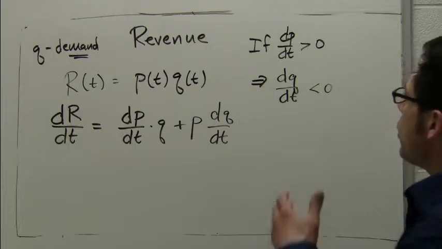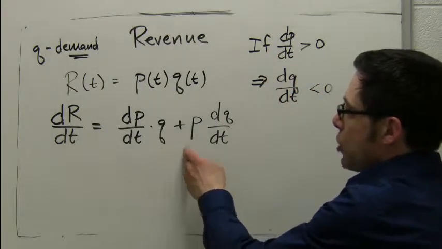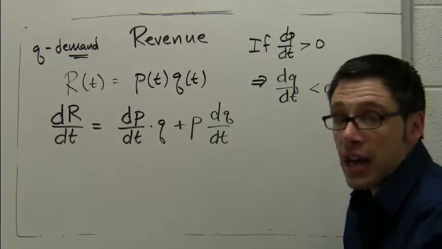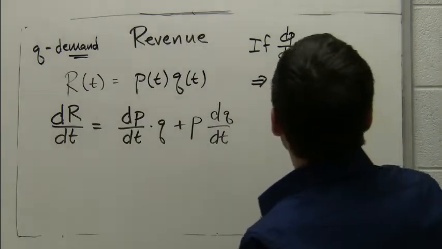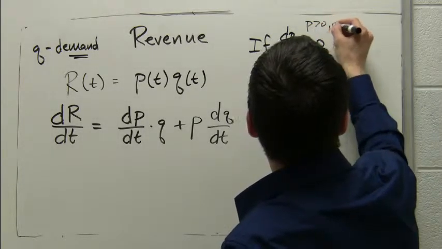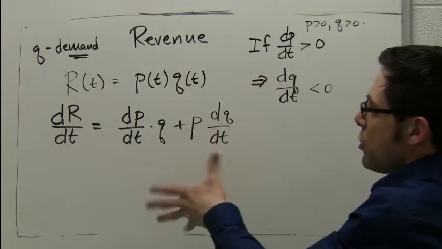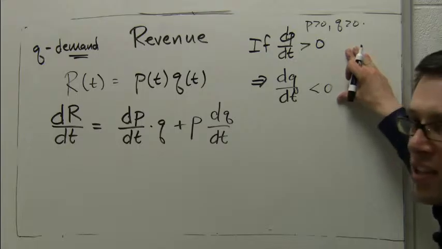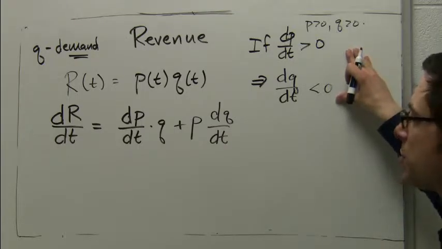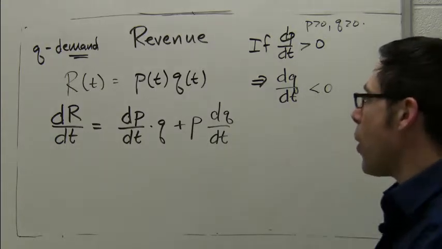So if price is going up, demand is going down, and I know that price and quantity are always positive. I can't have a negative quantity and I can't have a negative price. We assume that P is positive and Q is positive. Then I can get some indication of what R is going to do. In this case, on the demand side, I really don't know unless I am told explicitly what these are, because one is going up and one is going down.